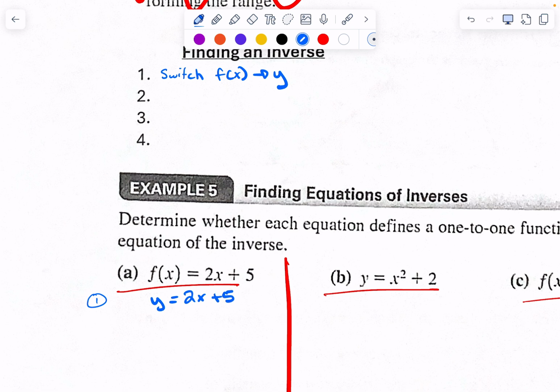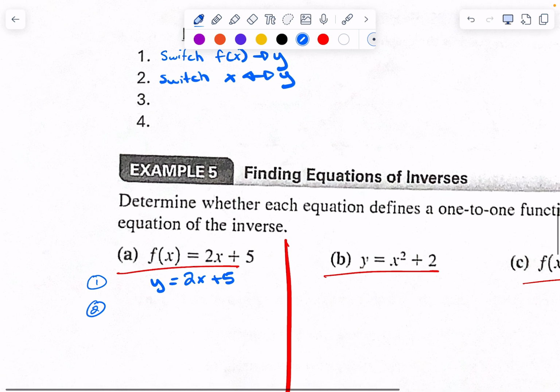Step number 2, switch x and y. You literally switch them around, so it will be x equals 2y plus 5.